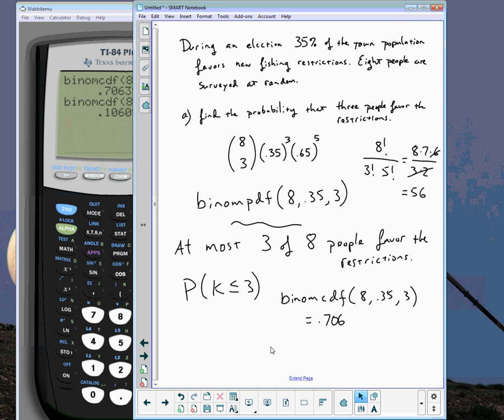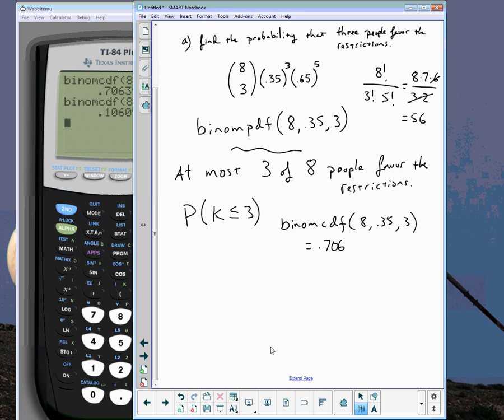In effect, when I say at most 3, that would be these values added up: the 0th case, the first case, and the second case, 0, 1, and 2.